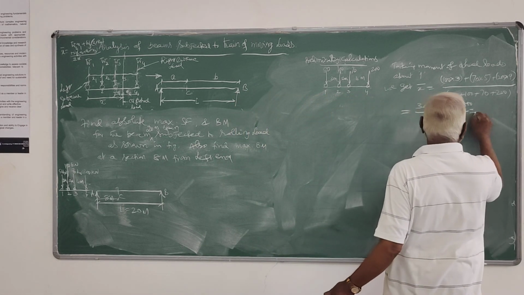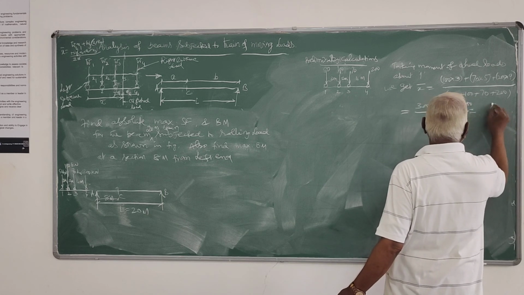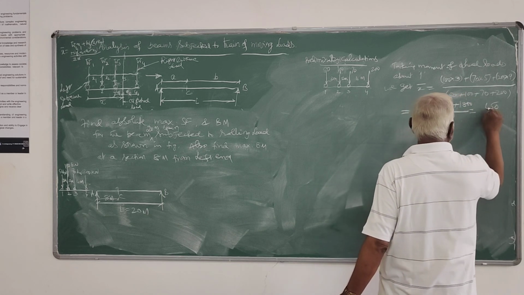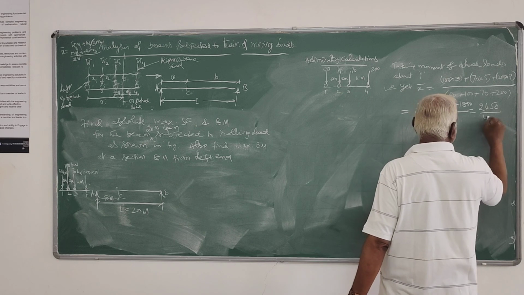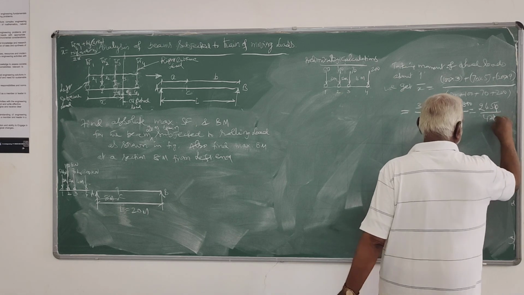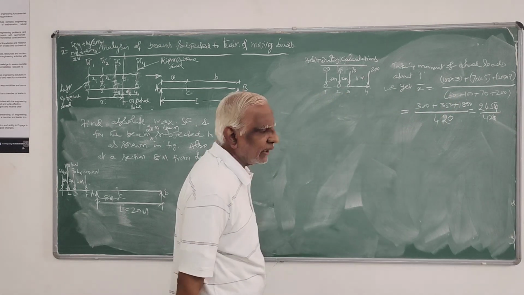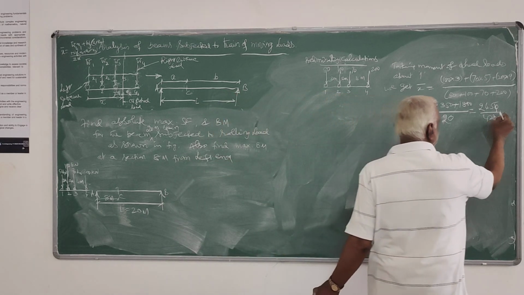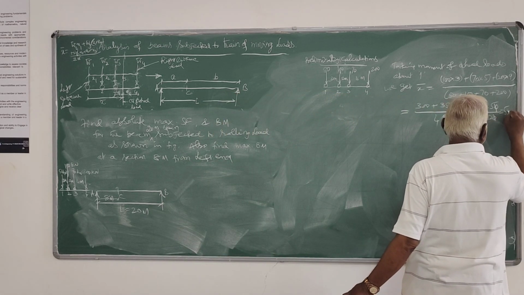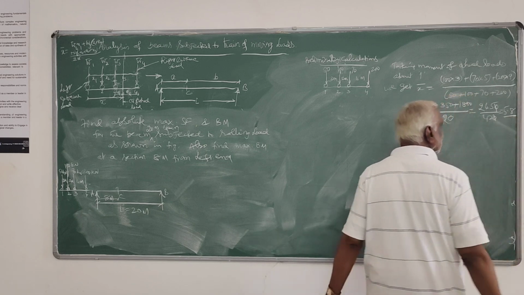So this is nothing but 2450 divided by 420, or 245 divided by 42. This is 5.8. Yes.